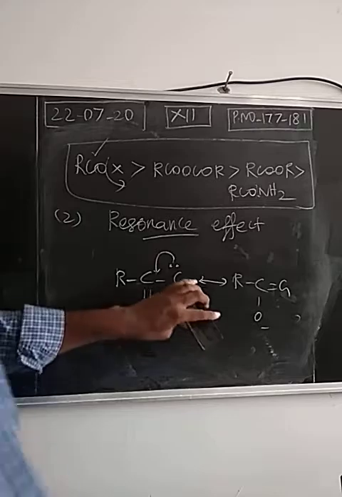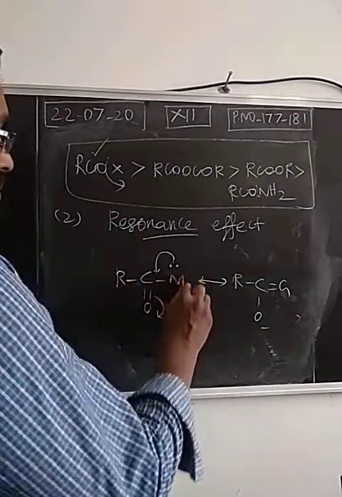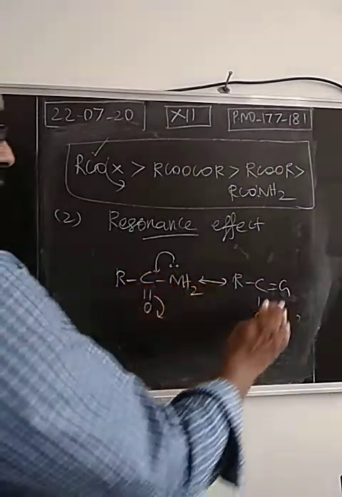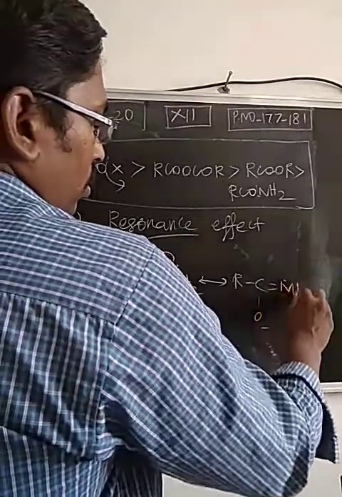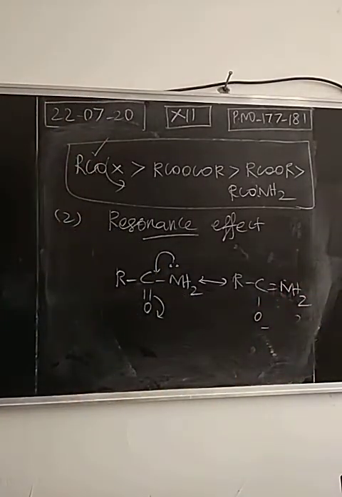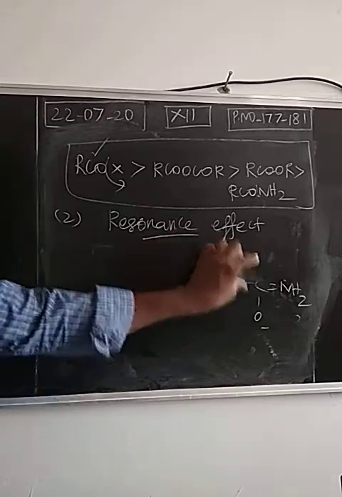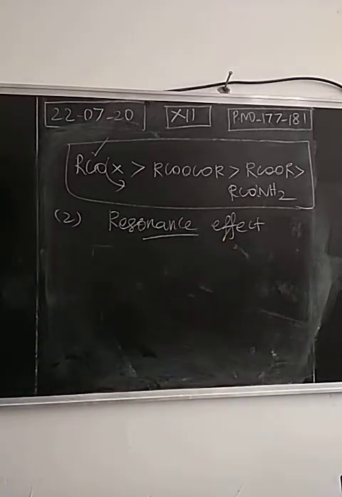Okay, so consider the amino group. In this case, if you have an amino group, it will lead to resonance. So due to resonance, the molecule becomes stable so that the reactivity will be decreased.